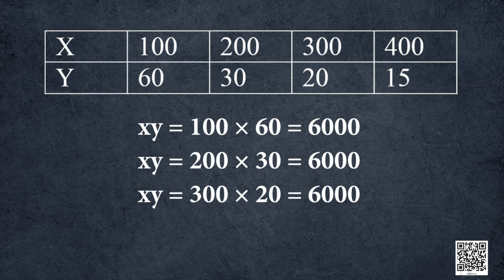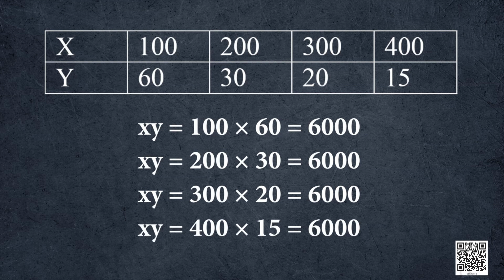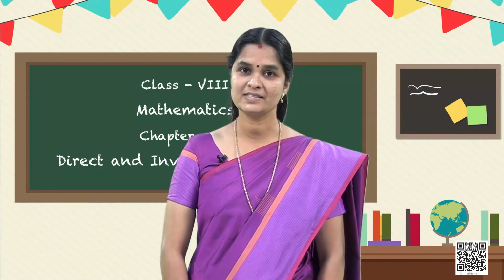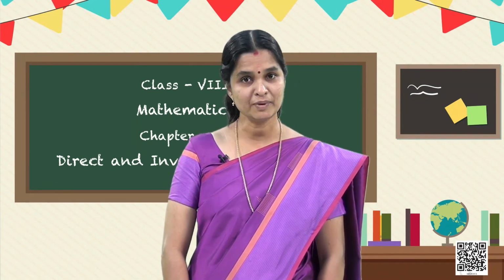And the last one, 400 into 15, which is again equal to 6000. Very good. So, the value of xy is 6000 in all the cases, that is, it is a constant. So, now we can say that the variables x and y are inversely proportional.